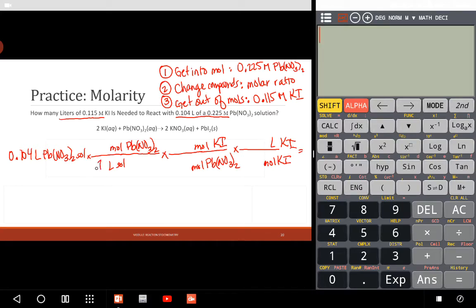So going back in to fill in the numbers, based on the molarity here, I have 0.225 moles per 1 liter. Now I need my molar ratio. There's a 1 in front of the lead nitrate, and there's a 2 in front of the potassium iodide. And then I need to cancel that out, but that's my molarity.